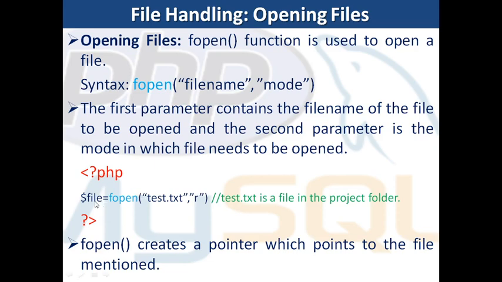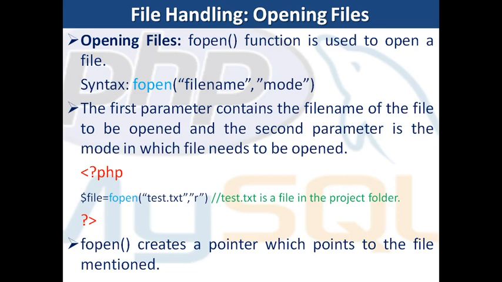Here $file = fopen test.txt is a local file in the project folder, and r is for the read mode. $file creates a pointer which points to the file mentioned. It can be either at the beginning of the file or at the end of the file.